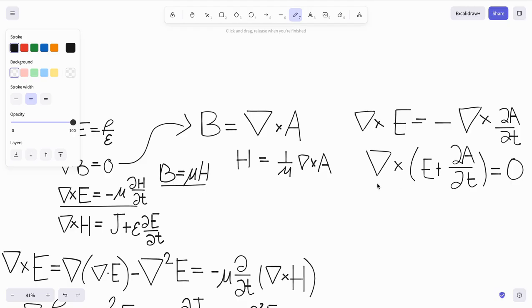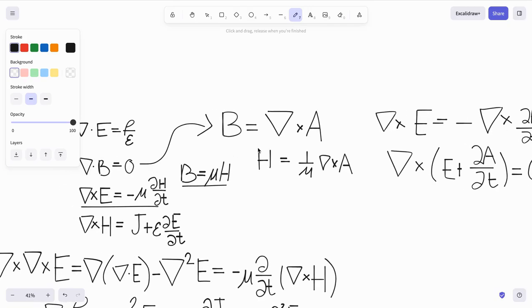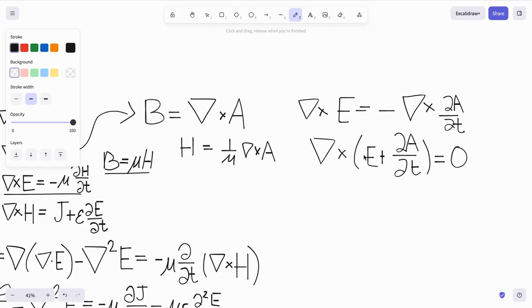And why this is interesting is because just like the divergence of B equals 0 has this property, the curl of E plus partial A over partial t equaling 0 is also a unique property of vector fields, because it tells you that there exists some scalar field, call it phi, whose gradient is equal to E plus partial A over partial t.